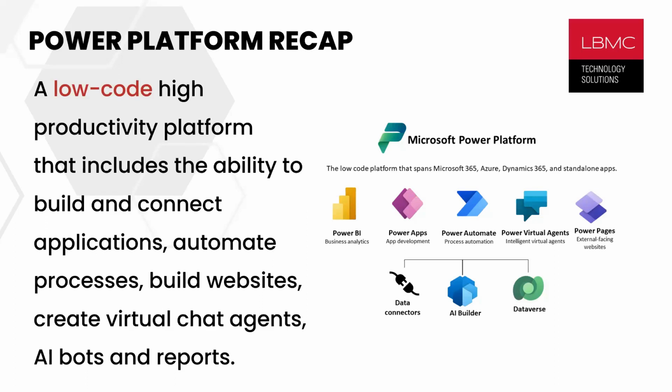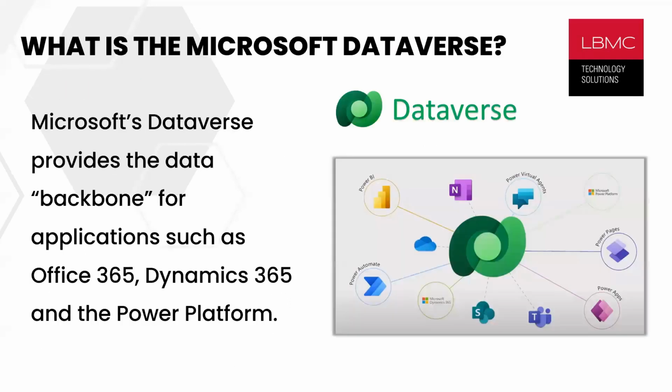Let's talk about what I consider to be the two crucial components that make up the Microsoft Power Platform. And the first is the Dataverse. So Dataverse is essentially the database. It's the back end. Many of the Microsoft 365 apps and tools, such as Dynamics 365, Office, and of course the Power Platform, a lot of those are built right on top of Dataverse to store and secure the data that they use.